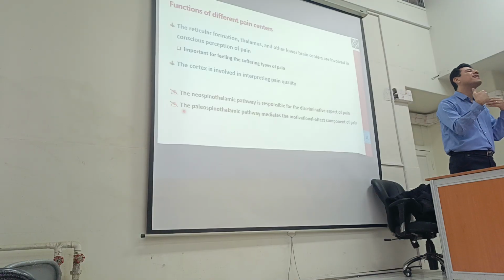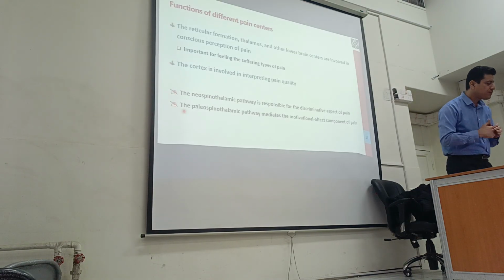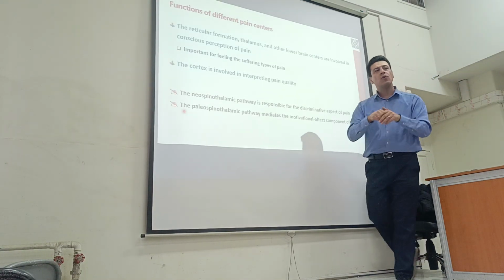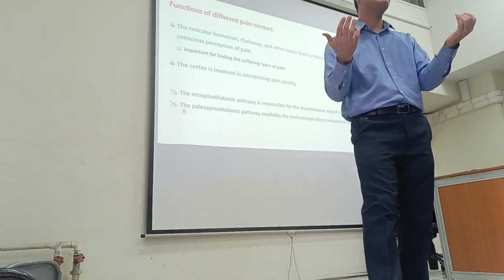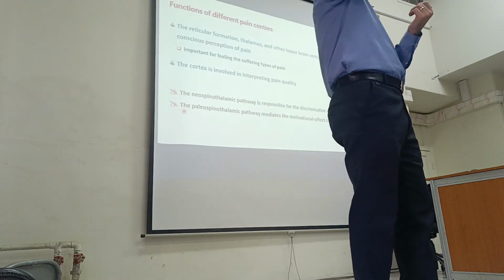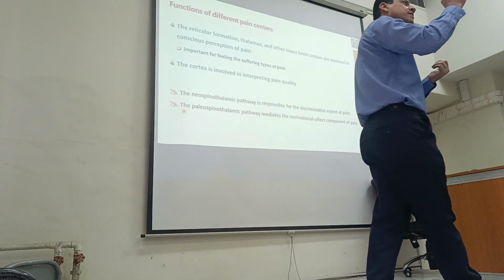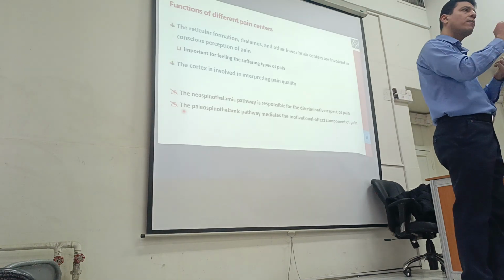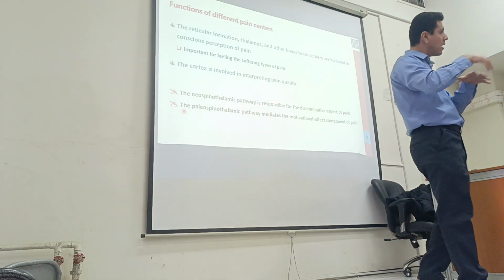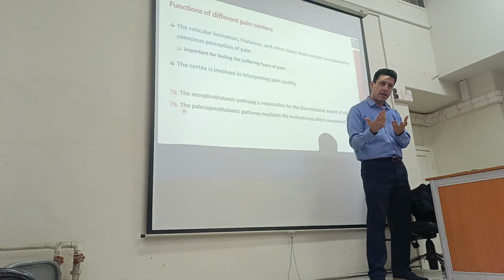So this means it can still sense the pain, right? So we can say that the cortex is not necessary for feeling pain. So lower parts of the brain, like thalamus, like reticular formation, are enough for feeling the pain.